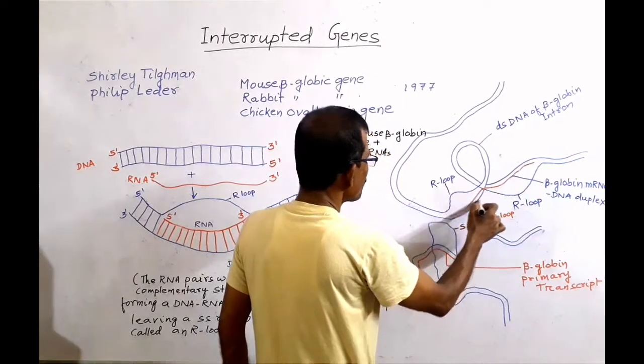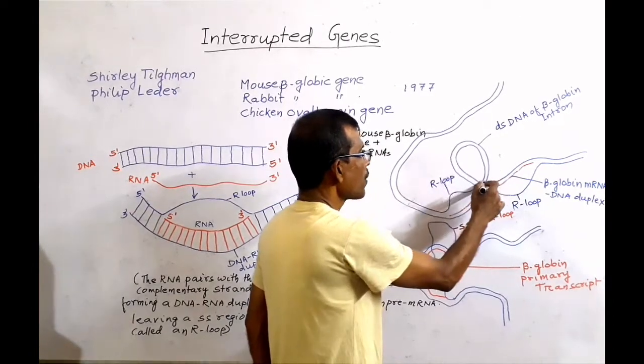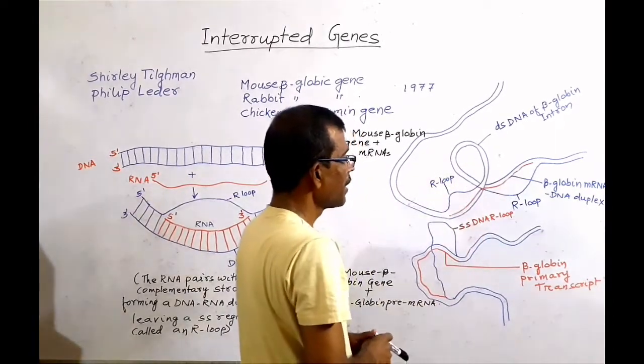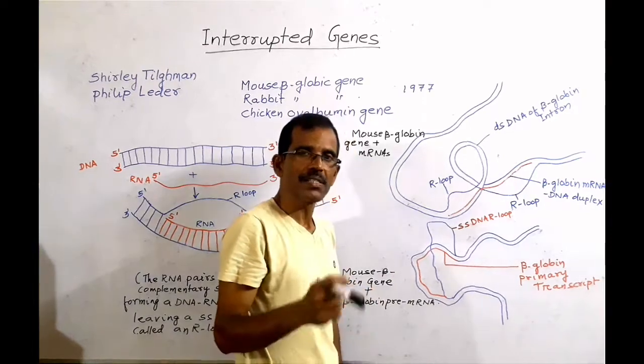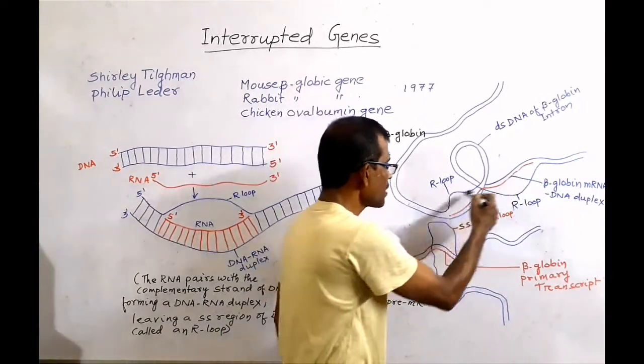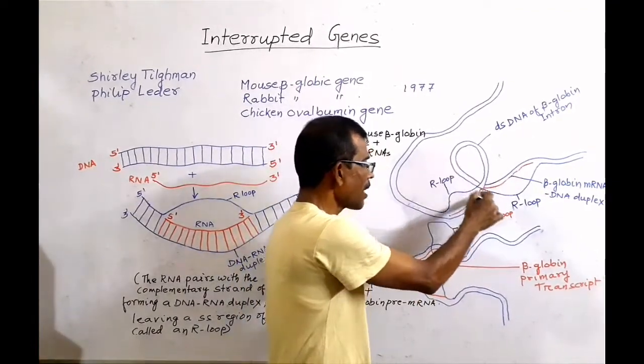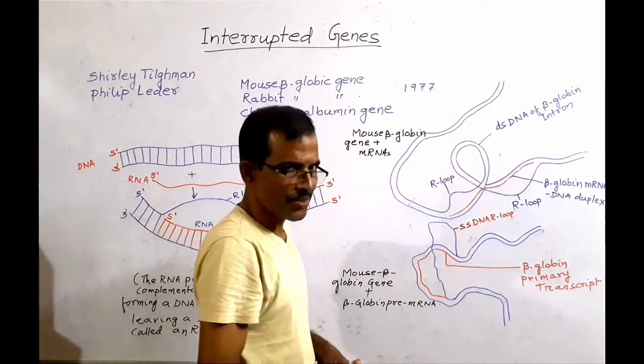The red colored strand is the beta-globin mRNA. So the presence of this loop of double-stranded DNA indicated the presence of a non-coding sequence in the middle of this beta-globin gene that does not encode amino acids in the polypeptide chain.